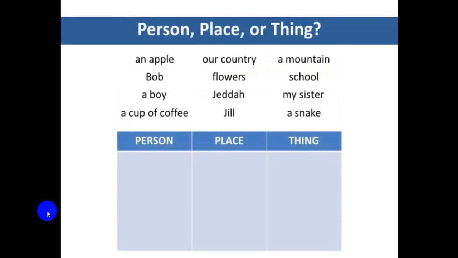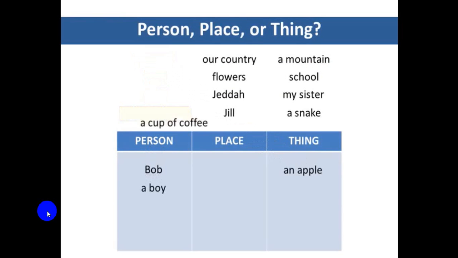Are these nouns people, places, or things? An apple is a thing. Bob is a person. A boy is a person. A cup of coffee is a thing. Our country is a place.